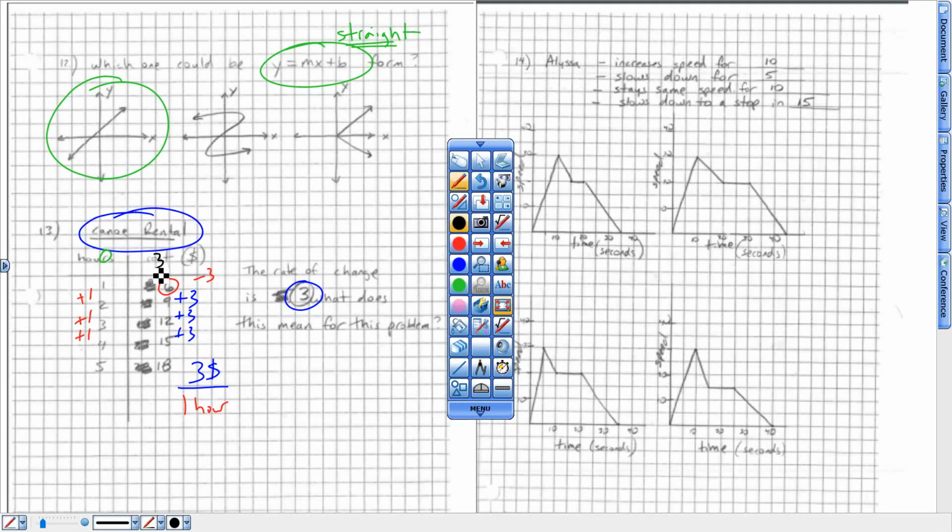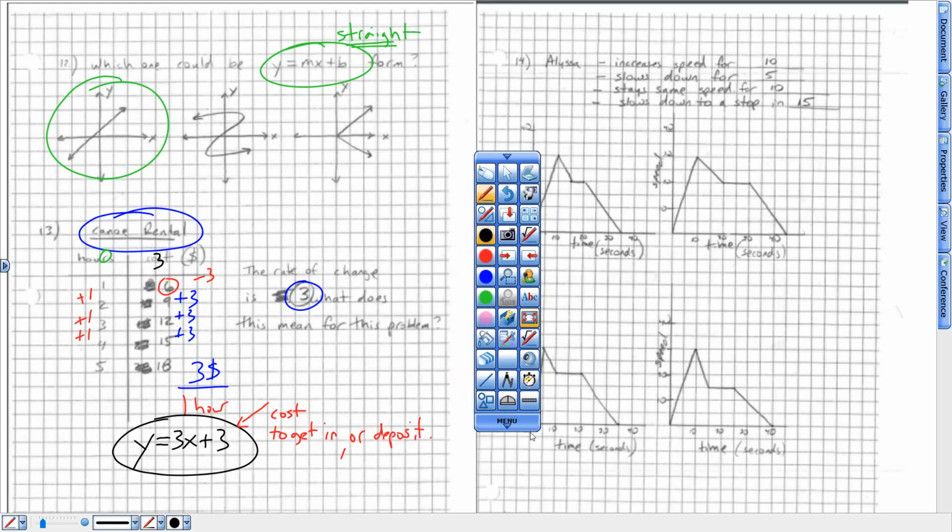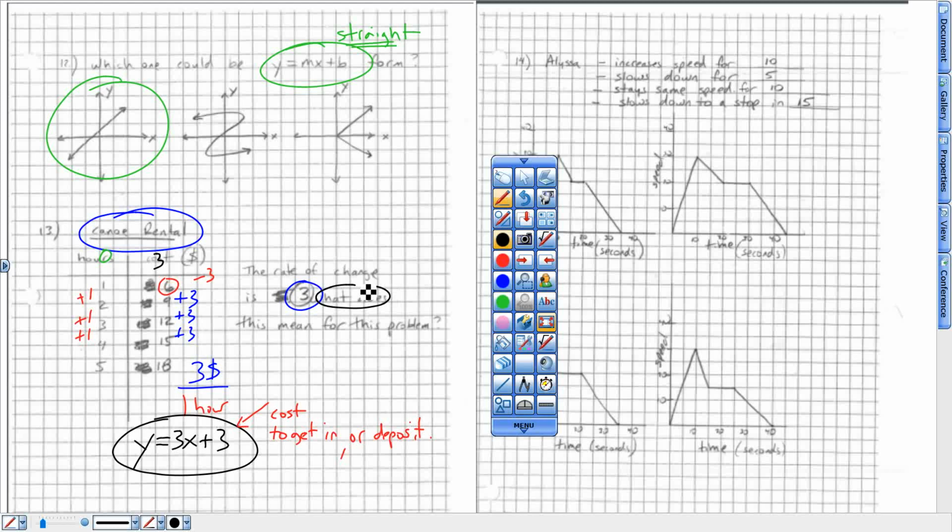If I had to write this as an equation, it would be 3x plus 3. And then that 3 right there, maybe the cost to get in or deposit. All right, and then this one, what does this mean?